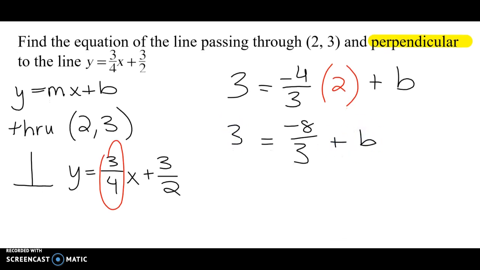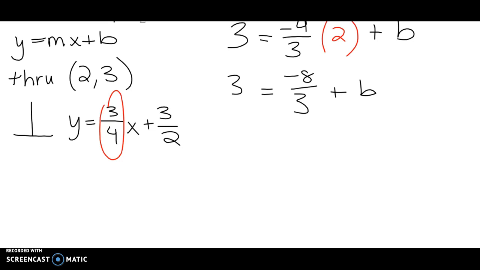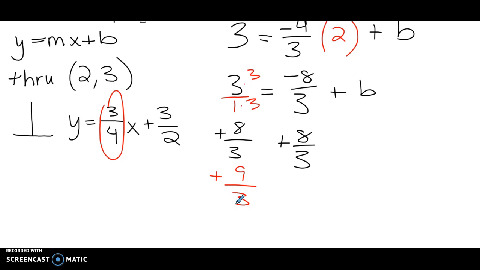Now we need to add 8/3 to the left side. So once again, to add fractions, you need a common denominator. So 3 is technically 3/1. So we'd need to multiply the top and the bottom of that by 3. So really, we're adding 8/3 plus 9/3, which is going to give us 17/3, right?